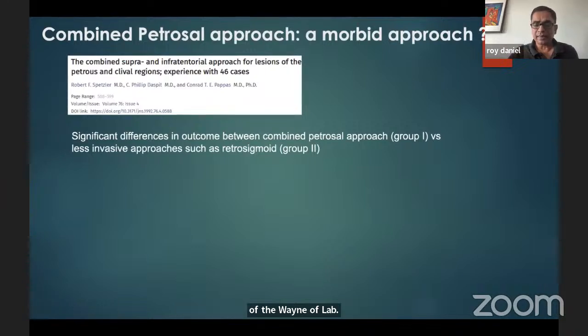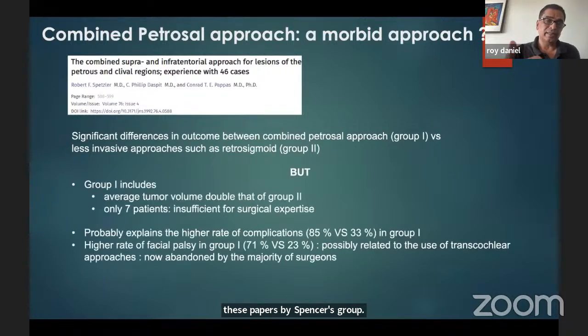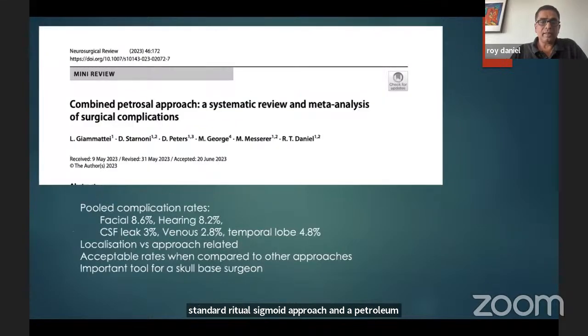So we looked at the literature behind that to evaluate if this is a morbid approach or not. We looked at the papers by Spetzler's group, and they did find a significant difference between a standard retrosigmoid approach and a petrosal approach. That was also proved by our study, in which we did a systematic review and meta-analysis.